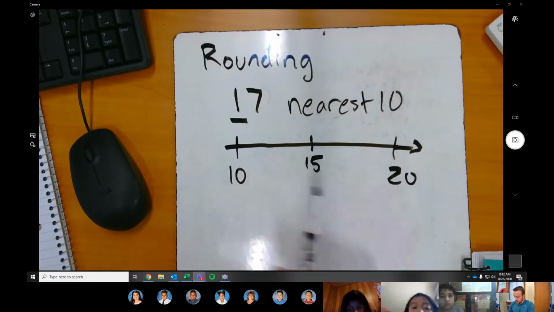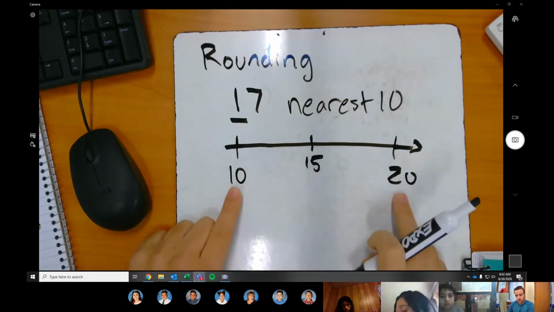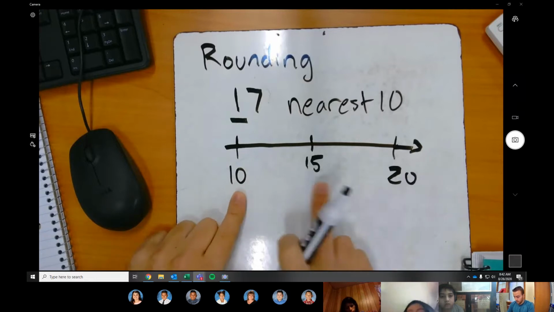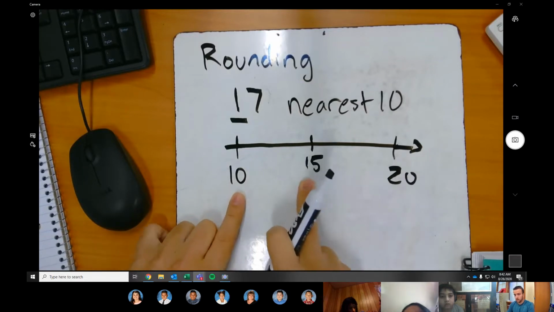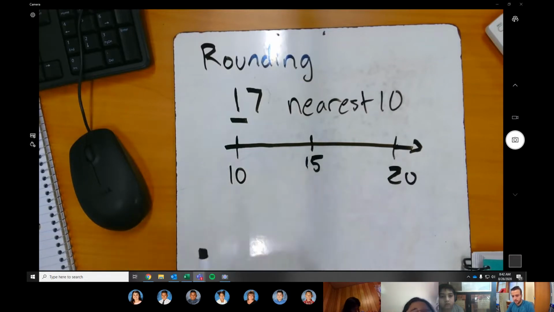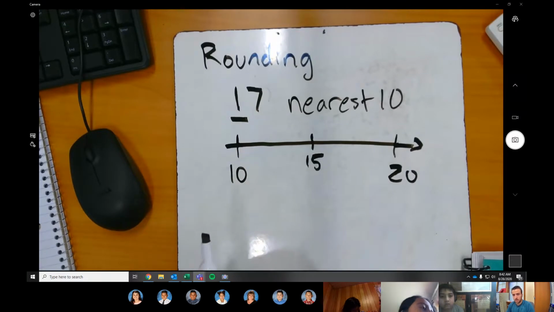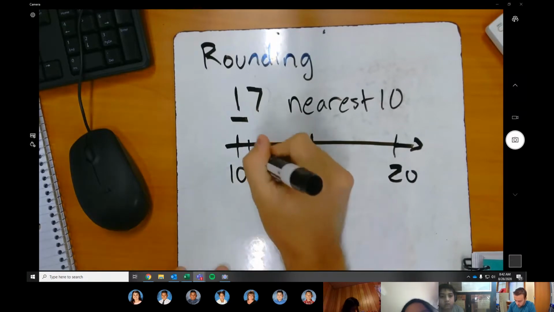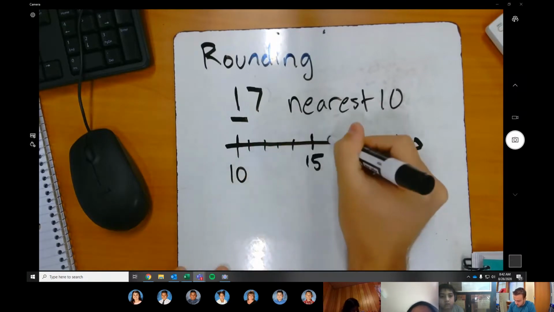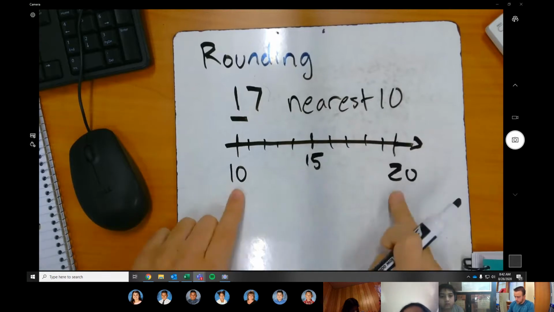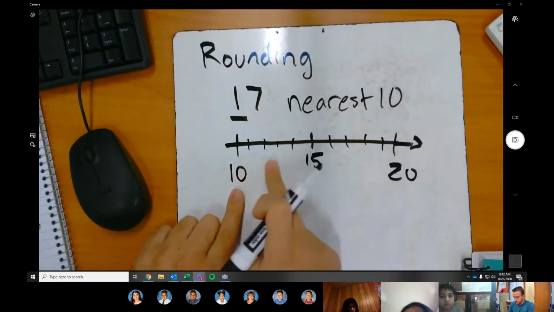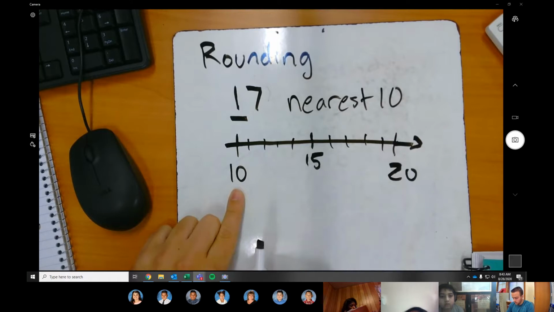Okay, so our job here, remember we have the 10 above and below. So 10 and 20, we have our midpoint here at 15. Now our job is to put 17 on that board. We know there are 1, 2, 3, 4, 5, 6, 7, 8, 9, 10 points between this, and our job is to place it in one of those points.